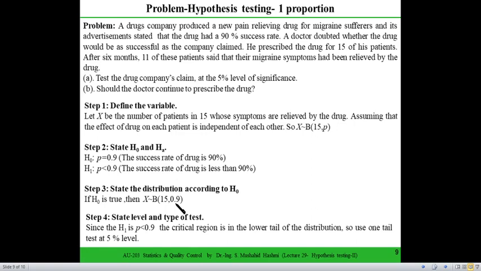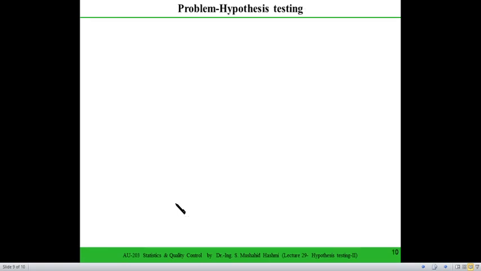The alternative hypothesis HA is that the population proportion is less than 90%. So we need to look at the lower tail of the distribution, so it becomes a one-tailed test, because we are interested in whether the proportion for which this drug is successful is less than 90%.